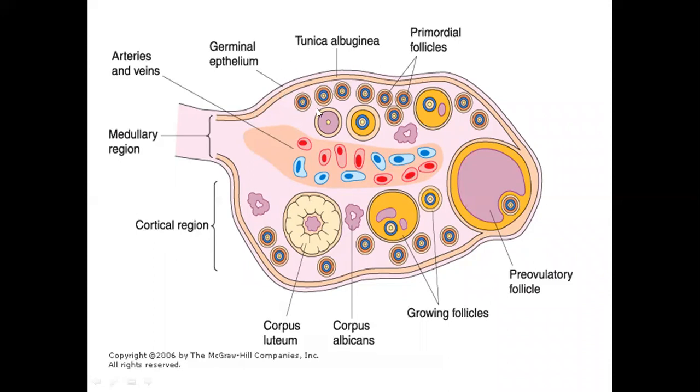Before going to the two components of the ovary where the structures are present, I am just going to elaborate that the word germinal in the nomenclature germinal epithelium doesn't have anything to do with the development of the ovum.